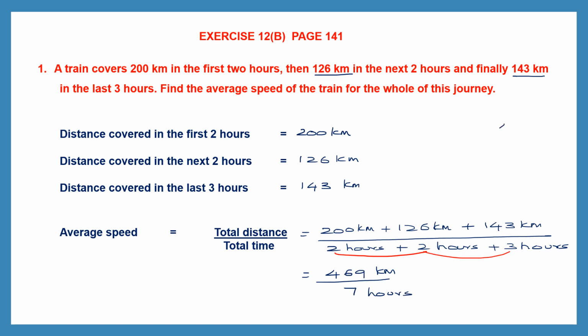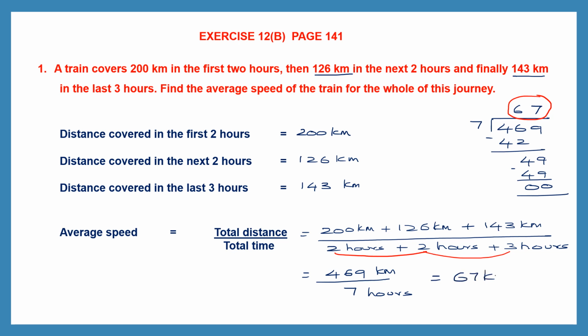So here we have to divide 469 by 7. 7 sixes are 42. Minus, 6 minus 2 is 4. We bring down 9. Now it's 49. 7 sevens are 49, minus, you get 0. So our quotient is our answer. We have got 67, and the units are kilometer by hour, or kilometers per hour.